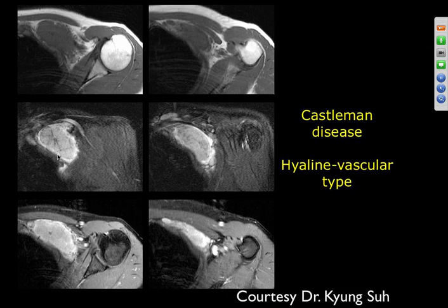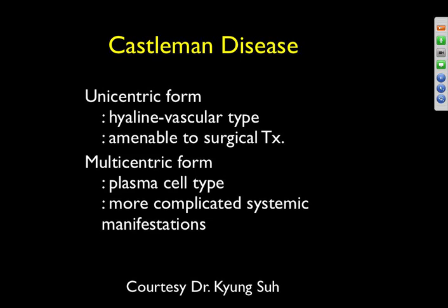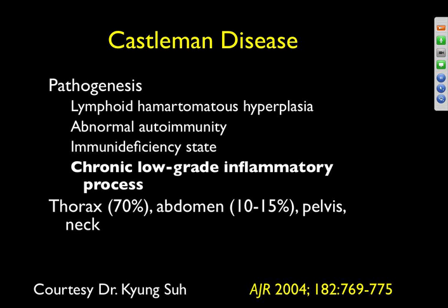And so this just turned out to be Castleman's disease, which is a benign lymph node hyperplasia. Can have several different kinds of cell types in it. Some people think that this is due to a chronic low-grade inflammatory process, but I think that the etiology is really unknown.